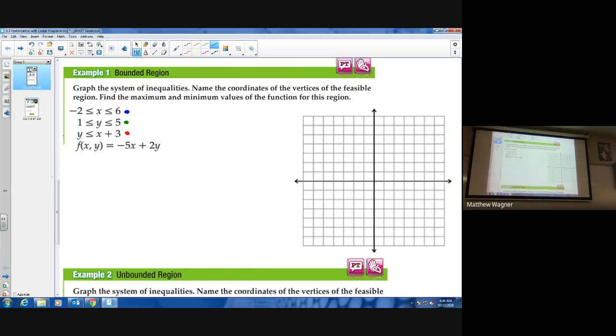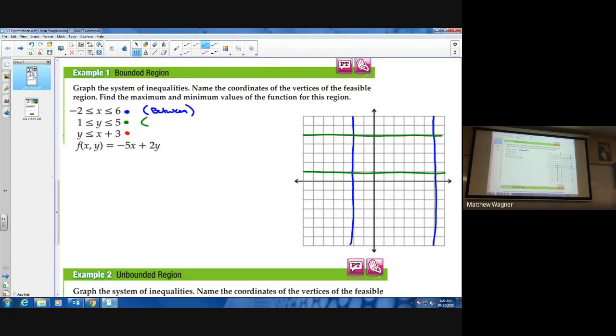So I'm going to graph -2 and 6. 1, 2, 3, 4, 5, 6. All right. And then if we're keeping track, our blue line, we're going to shade between. I'm just going to make note of that so I remember, because I'm going to shade at the very end. Our Y values, we have a horizontal line at 1, 2, 3, 4, and 5.